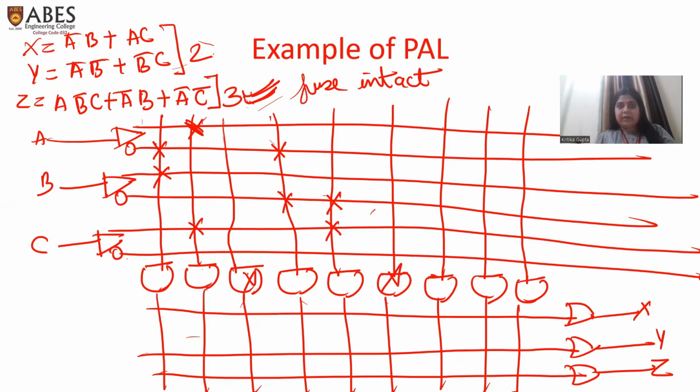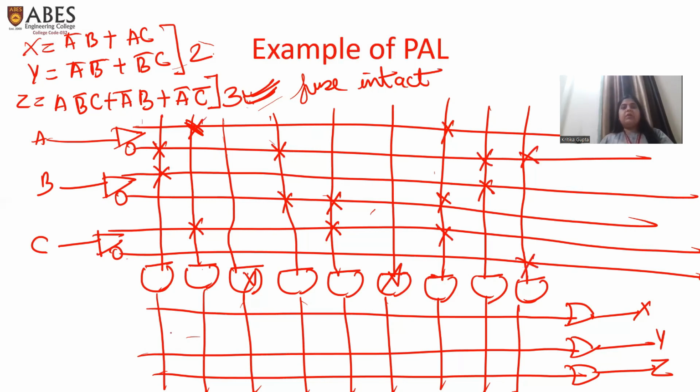For Z, the minterms are A, B bar, C. For this, A bar, B. For this, A bar and C bar.